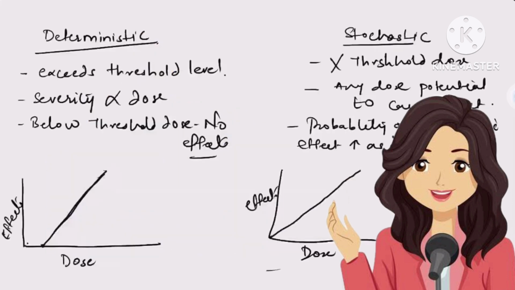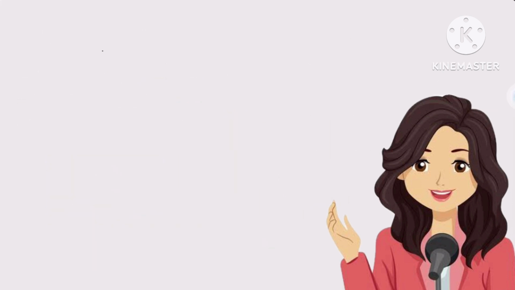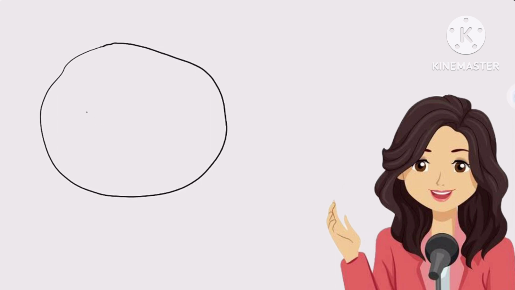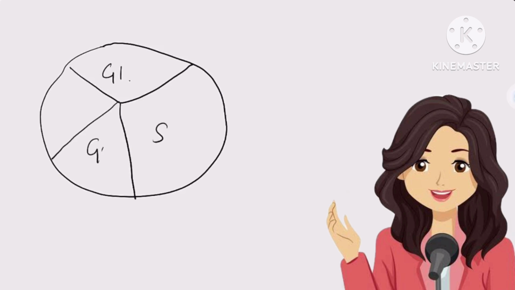Now, an important thing: a cell goes through the cell cycle. We have the G1 phase, the synthetic phase, the G2 phase, and the mitosis phase. Now, which phase is most radiosensitive?